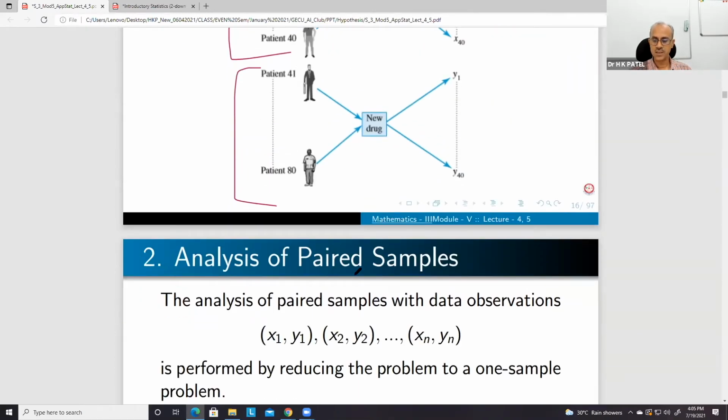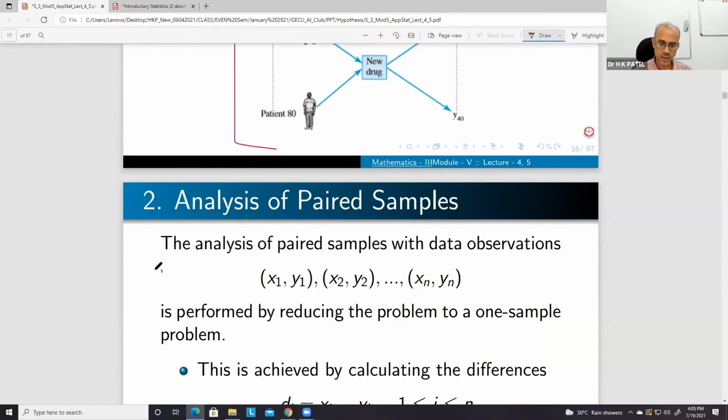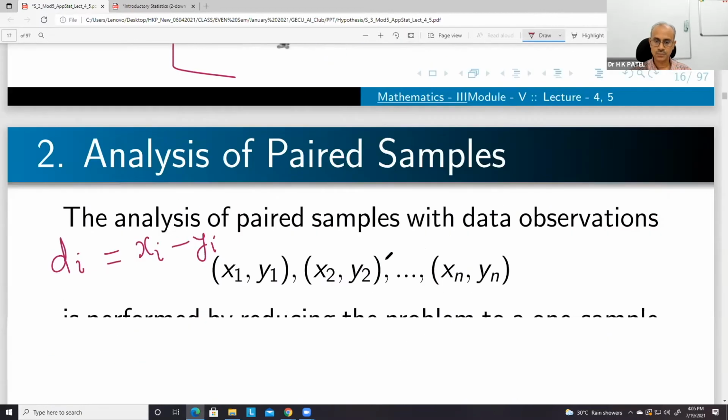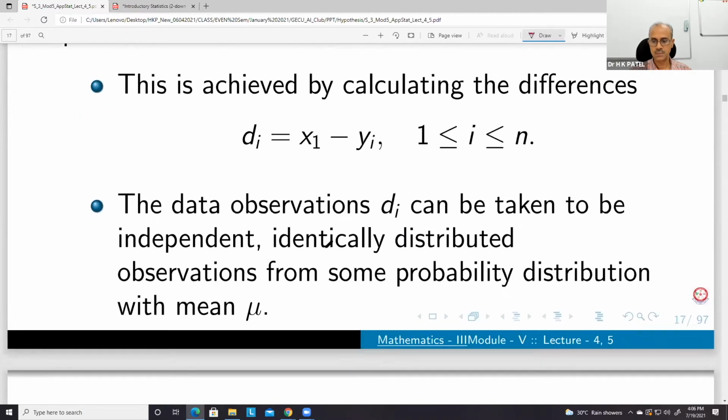In this analysis we have already seen that from these pairs we calculate di equal to xi minus yi, and therefore we can reduce these two samples into a one-sample problem. Corresponding to x1, y1, x2, y2, up to xn, yn, we have d1, d2, up to dn.